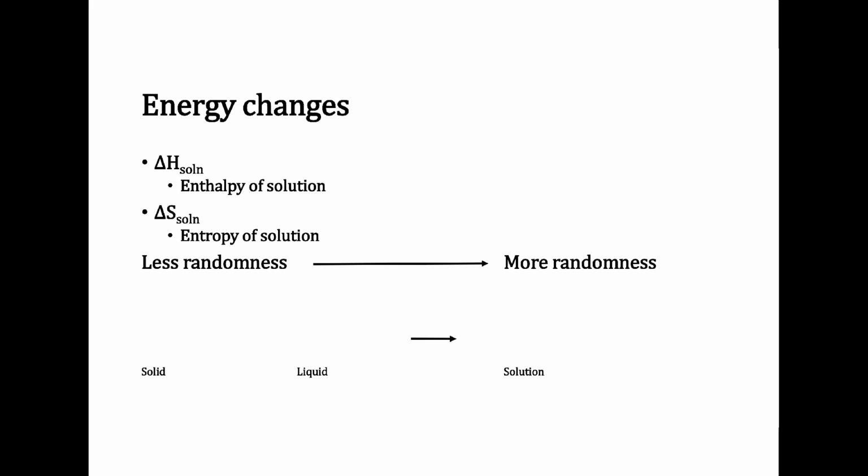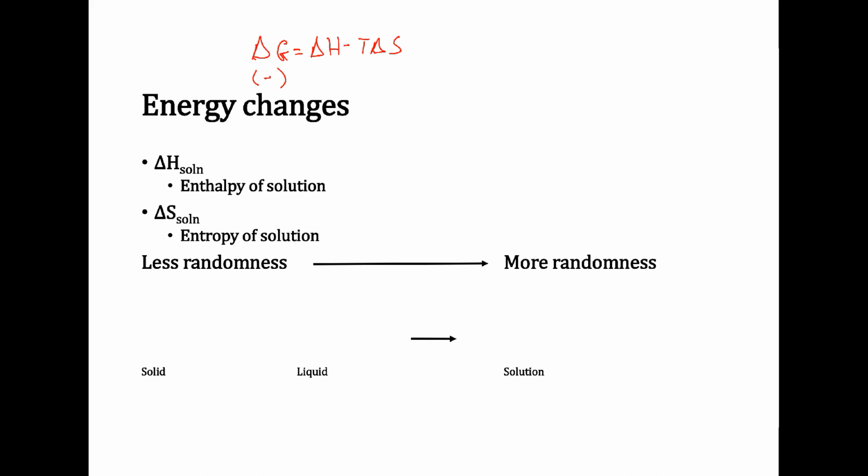So let's go ahead and look just a little bit closer at this and then we'll be done. Whenever we look at energy changes, again, this is the reaction. Delta G is equal to delta H minus T delta S. We've had plenty of experience with delta H whenever we talked about thermochemistry. If we're trying to get delta G to be negative, there are a couple of different scenarios that could occur.